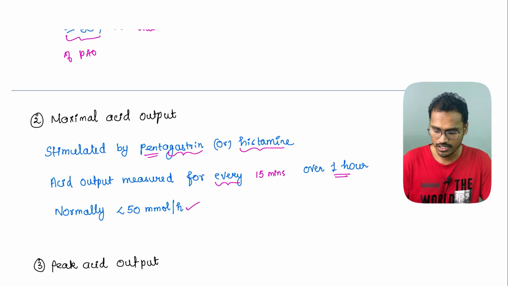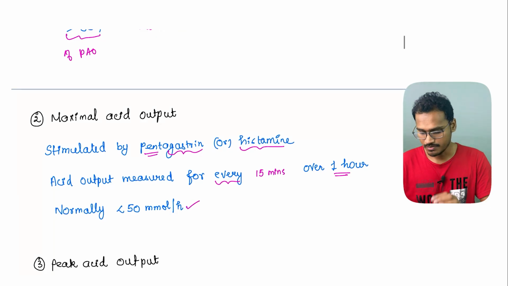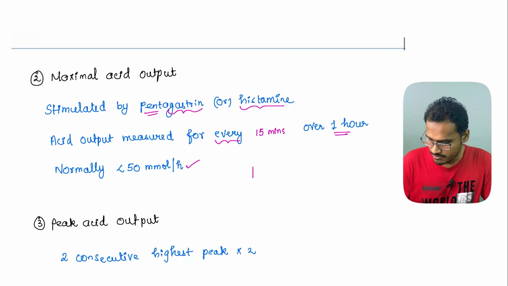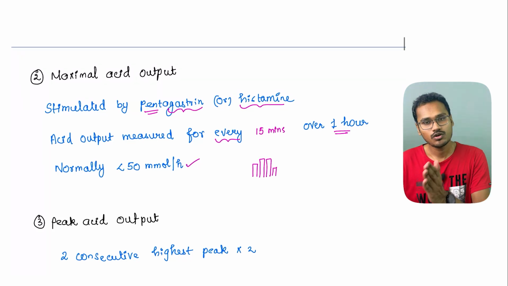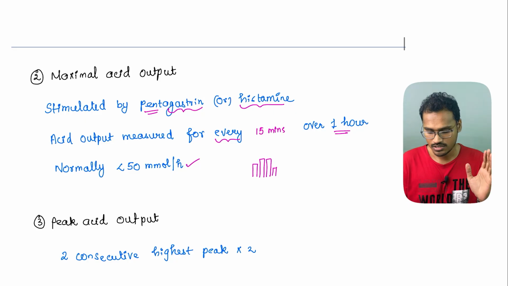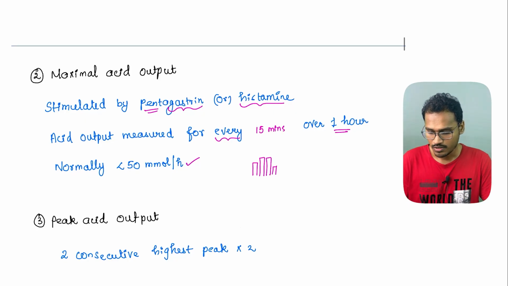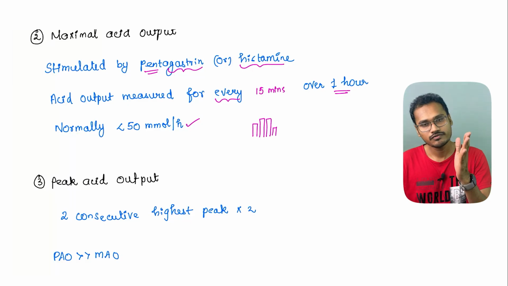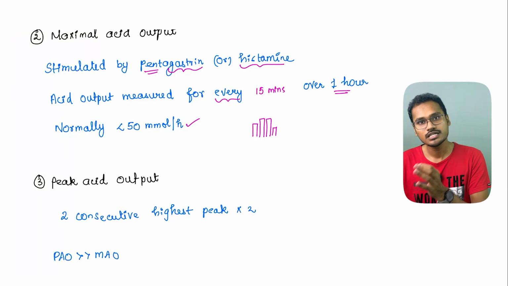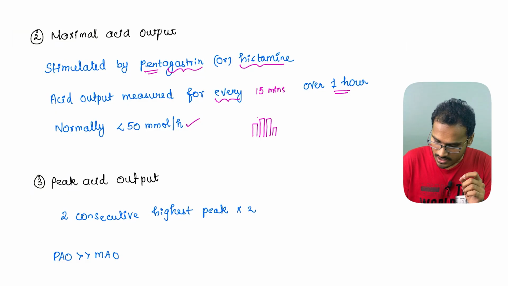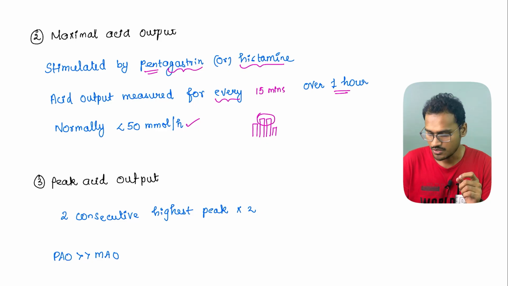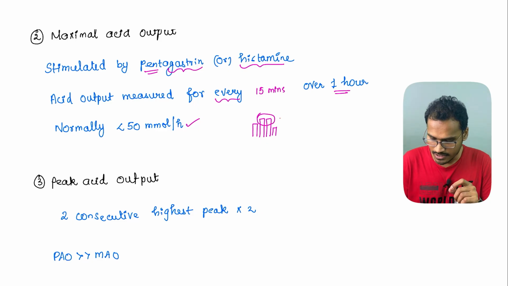This is normally less than 50 millimoles per hour. For example, this is reading number 1, reading number 2, reading number 3 and reading number 4. We measure all of them and then find out the secretion over this period of 1 hour. For peak acid output, we also measure every 15 minutes, but we take the 2 consecutive highest values and multiply by 2.